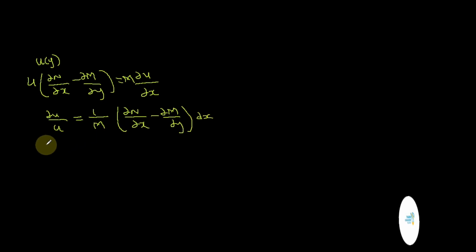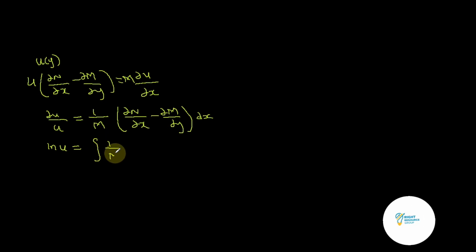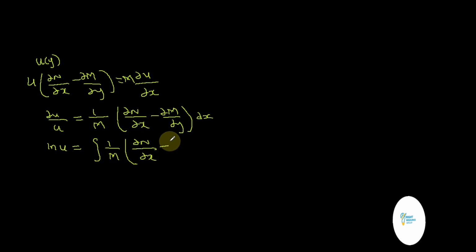You integrate both sides, and by integrating both sides, our answer will be ln u equals the integral of 1/M (∂N/∂x minus ∂M/∂y) dy.